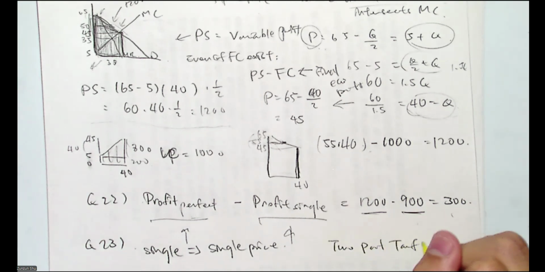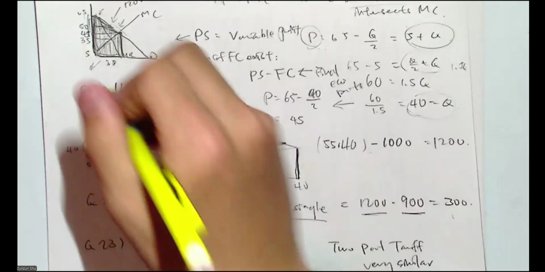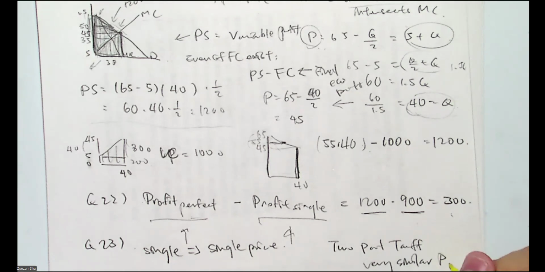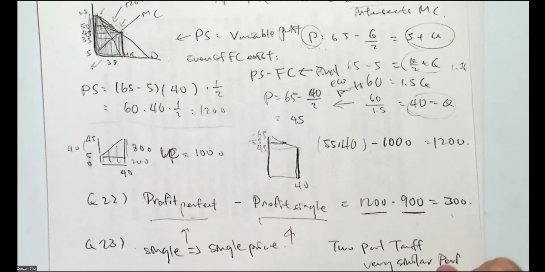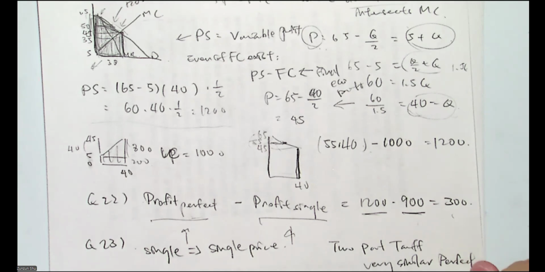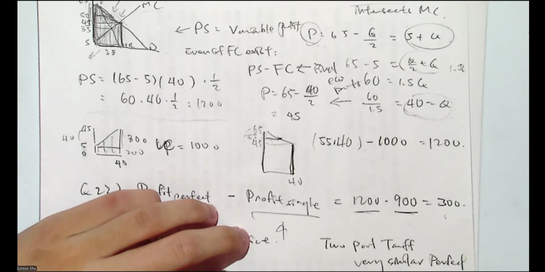is fundamentally very similar to this perfect price discrimination, right? And why is it similar? Well, first, they both use P equals MC.